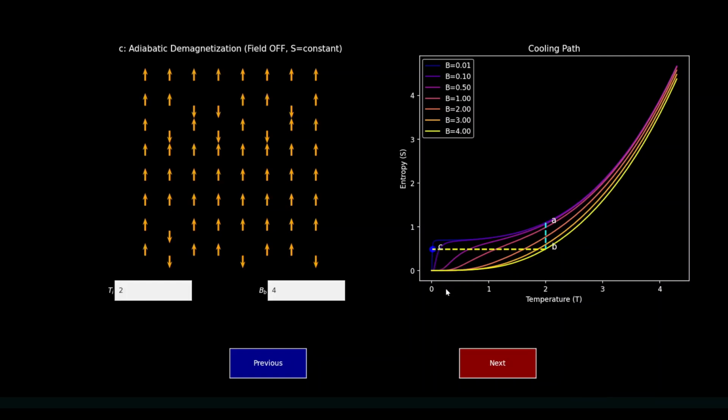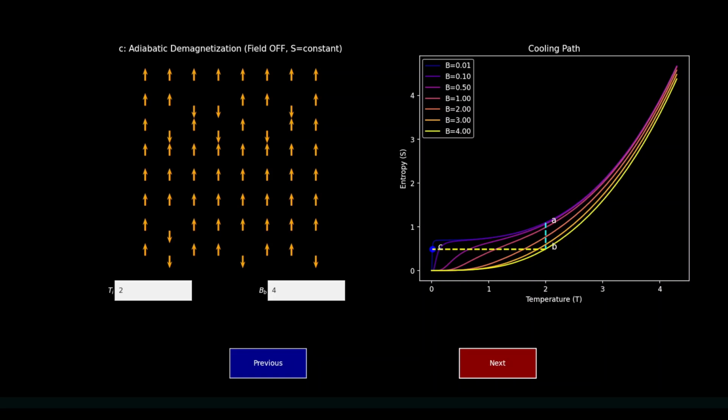Now there is a very big question: does this method of cooling have a limit? At first sight it looks like for B equal to 0, the entropy can reach all the way to 0. Thus the adiabatic demagnetization looks like it might work as a cooling method all the way to absolute zero.